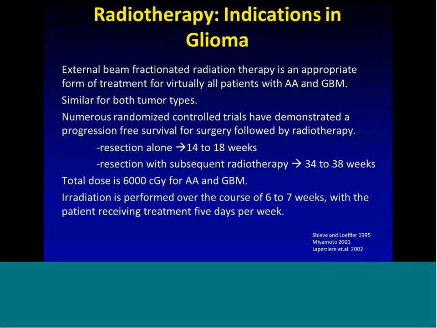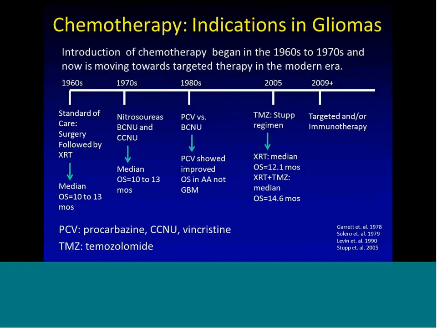Even though I say that this is a total dose for anaplastic astrocytoma and glioblastoma, there's a lot of new information on the elderly. Okay? They can't tolerate radiation as much. So we now are doing protracted radiation schedules in elderly patients. Instead of the 6 full weeks of 6,000 centigray, we will do 3 weeks. Okay. And that's just something we're doing more and more. That's actually pretty new. Okay.